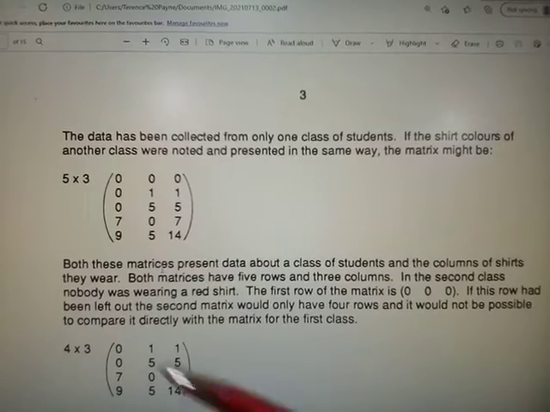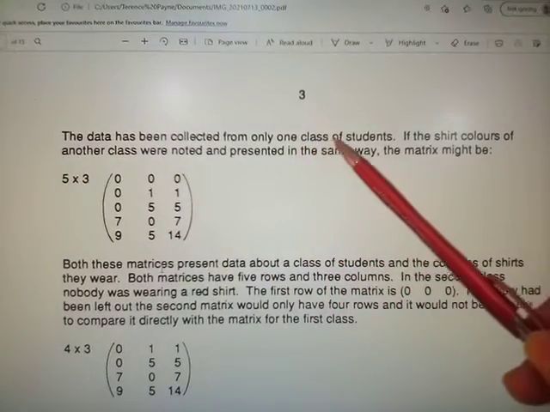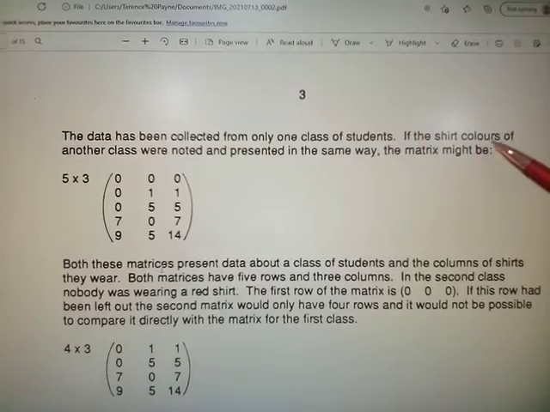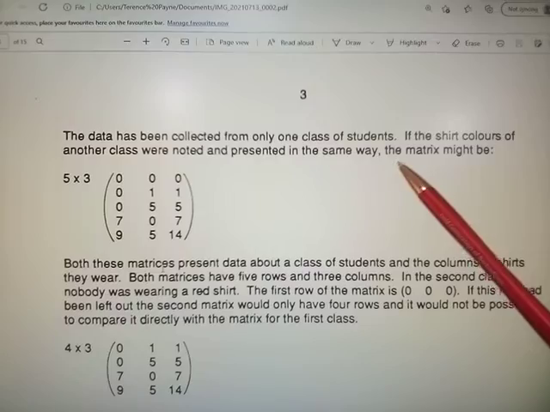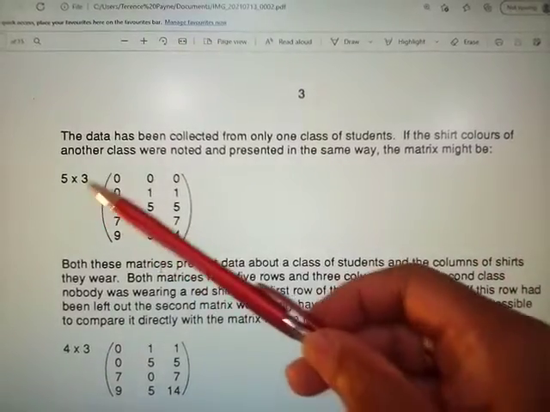Now the data has been collected from only one class of students. If the shirt colors of another class were noted and presented in the same way, the matrix might be 5 by 3.